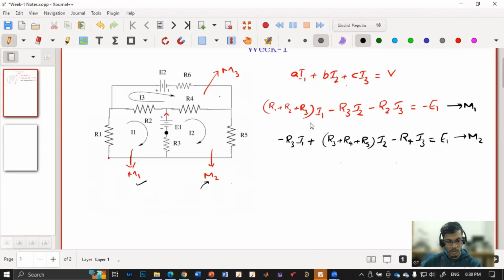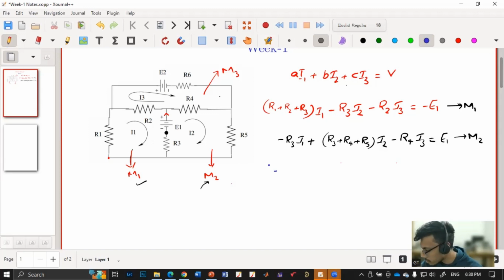So now we'll go into mesh 3. I'll use some different color. So mesh 3 has again A I1 plus B I2 plus C I3 equals V. And here what will be the coefficients of I1, I2, I3? The I1 coefficient is the negative of the resistance shared among mesh M1 and mesh M3.